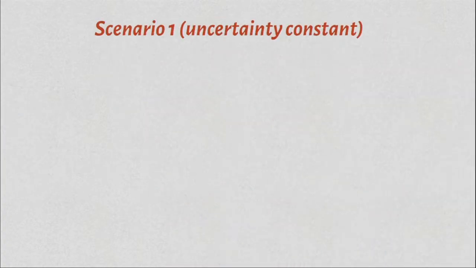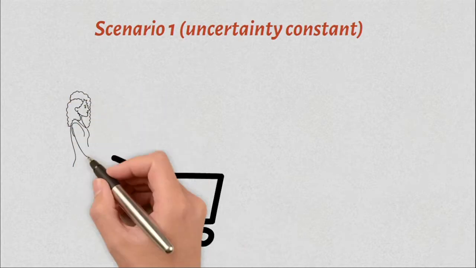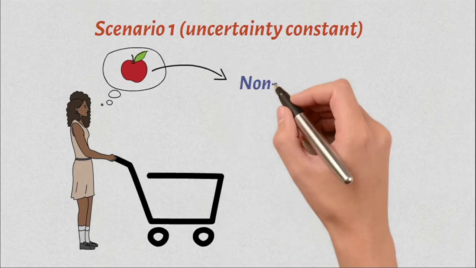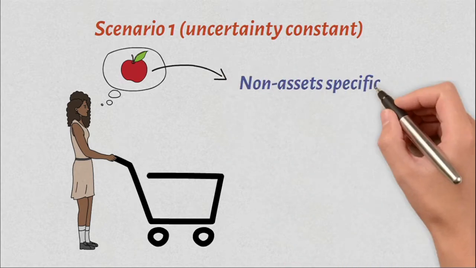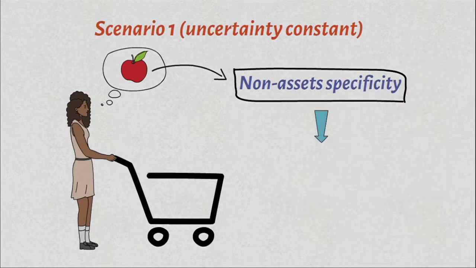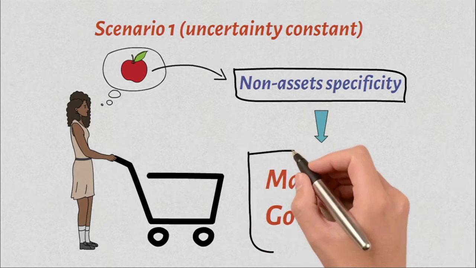Let's look at an example of market governance. In this scenario, the uncertainty is the constant, and we are talking about a commodity, an apple. There is no specific demand for an apple, as the customer has many choices of where to buy an apple, and the seller can sell apples from different locations.